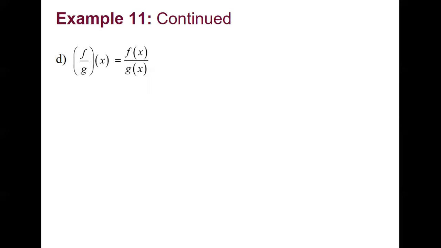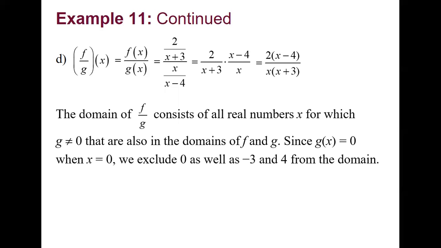Okay, and then division. So you put f of x divided by g of x. So I end up with a double decker. When we divide fractions, we multiply by the reciprocal. Now it's just a multiplication problem. And again, with multiplication, it's numerator times numerator, denominator times denominator. So this time, my domain has finally changed. I have an x and I have x plus 3.